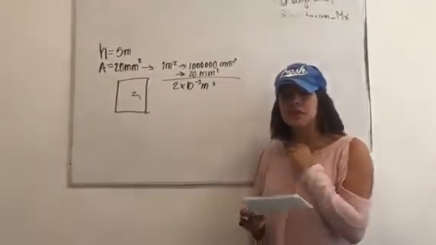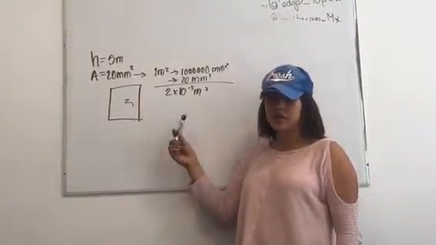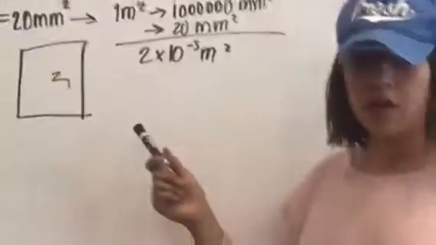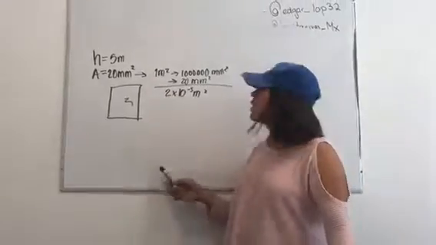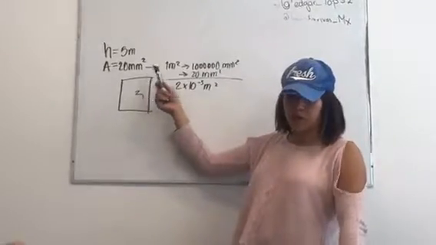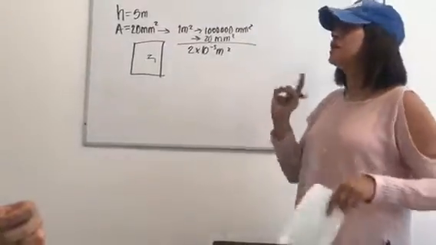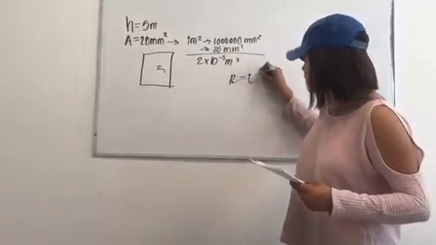The next problem says that in a large tank filled with water, what is the rate at which water spills from a crack that is 5 meters below the surface of the water? And the area of the crack they give us is 20 millimeters squared. What is the water flow of the crack? Well, the first thing they are asking us is the velocity.